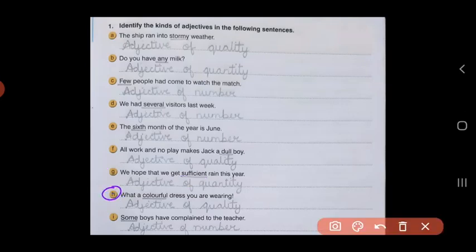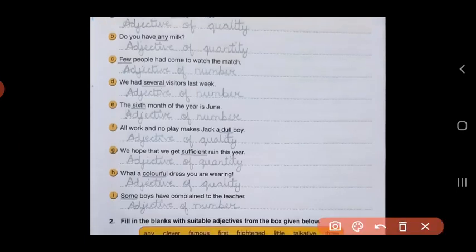H. What a colorful dress you are wearing. What kind of dress? Colorful. So colorful is adjective of quality. And the last one. Some boys have complained to their teacher. Some will be adjective of number.